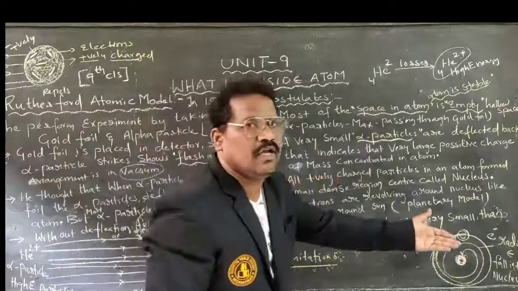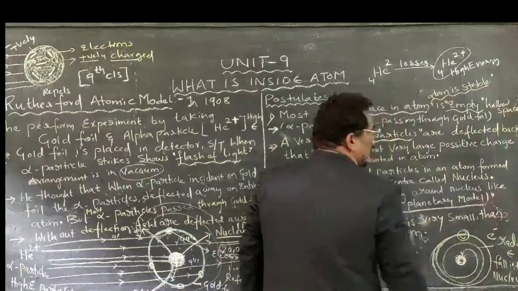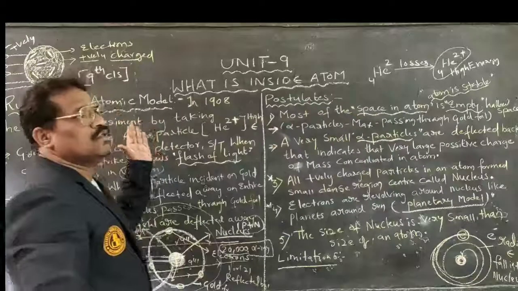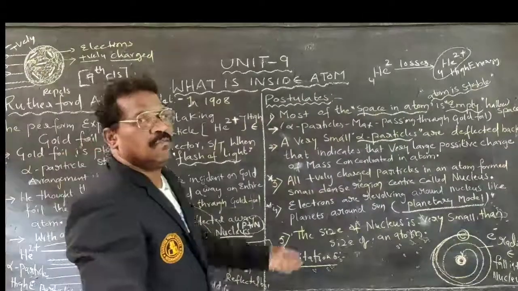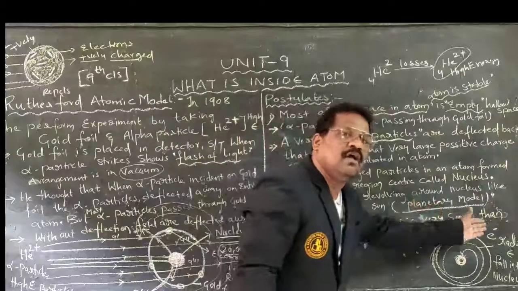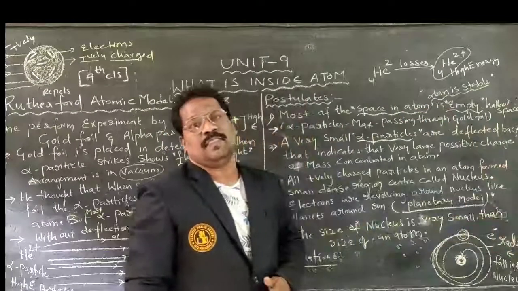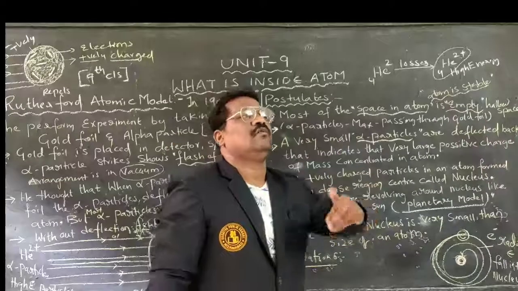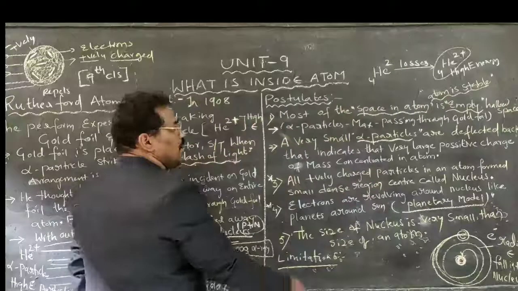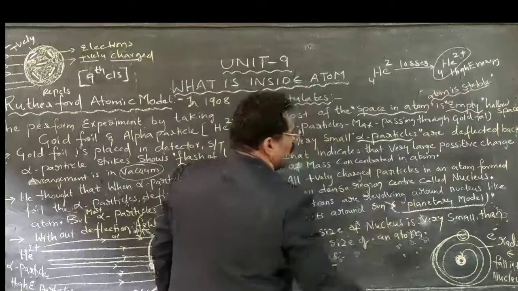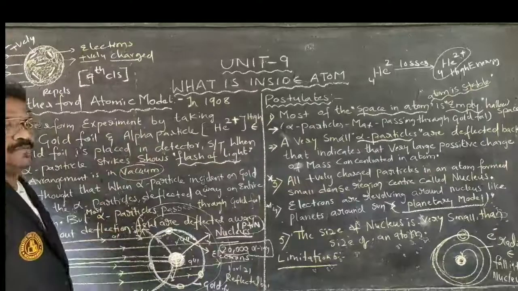Based upon this concept, the Rutherford atomic model is also called the planetary atomic model, as planets revolve around the sun, similarly electrons orbit around the nucleus. In that way he suggested the planetary model, the fourth point we can give.